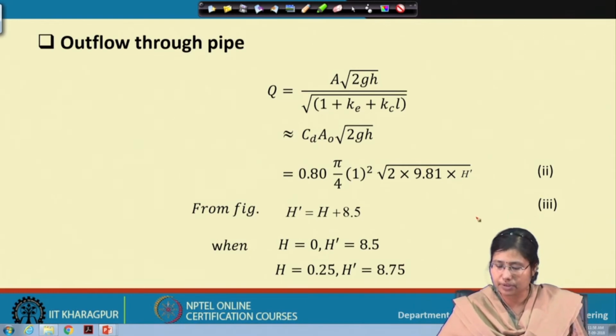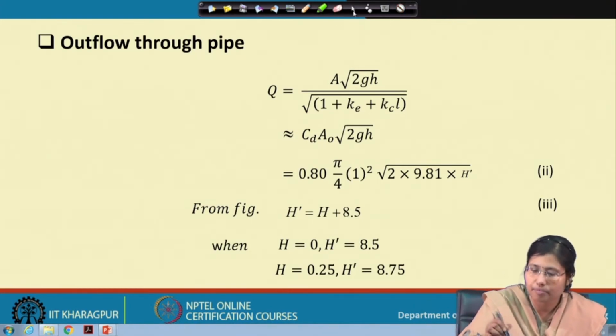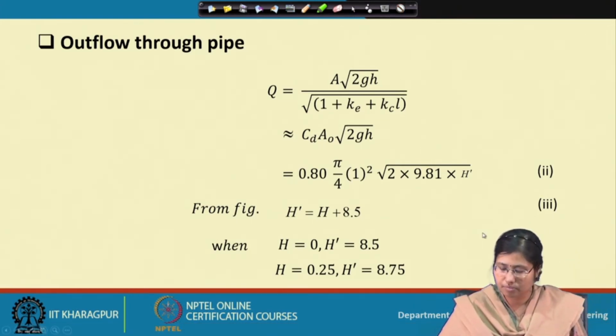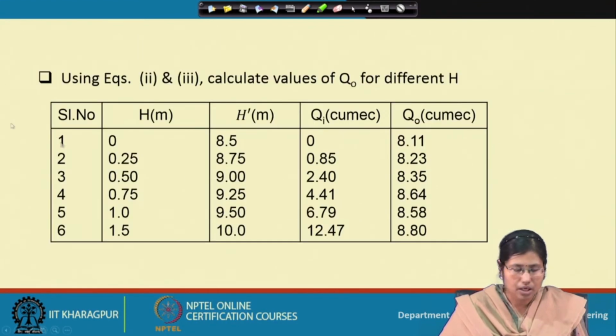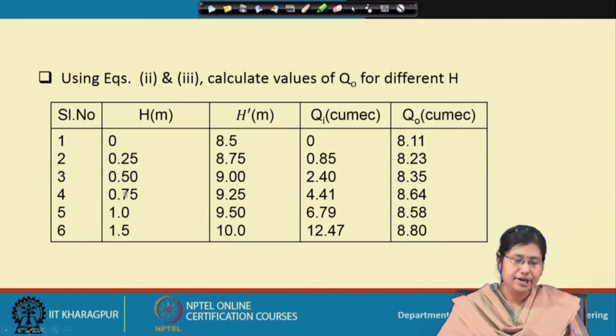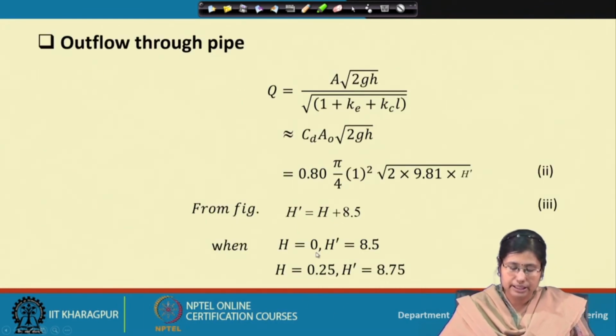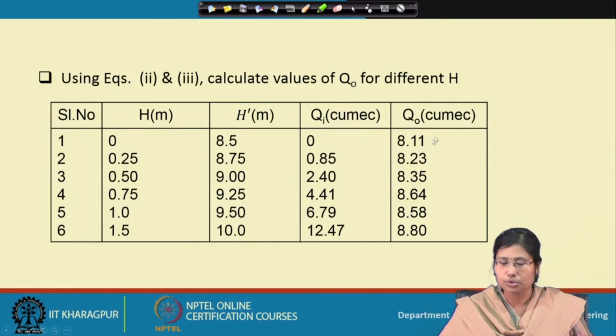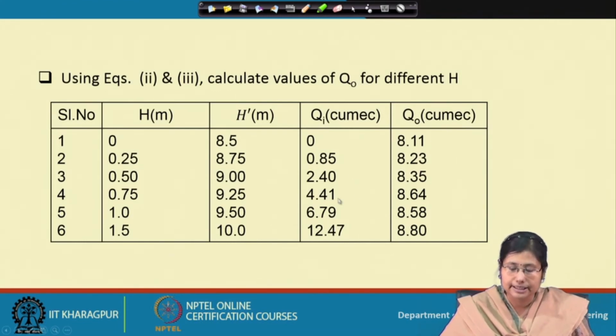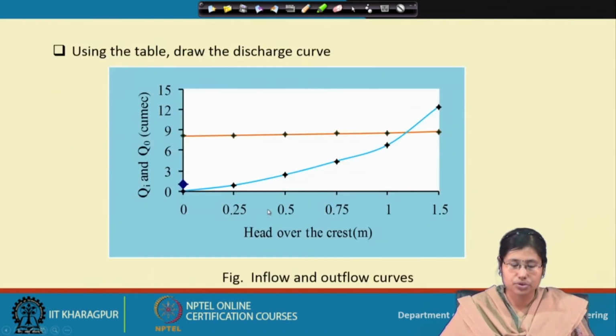So, that is exactly what was performed here. At different head values, for example h equal to 0, the values of QI and Q0 were calculated and then you can plot it graphically for different h values.